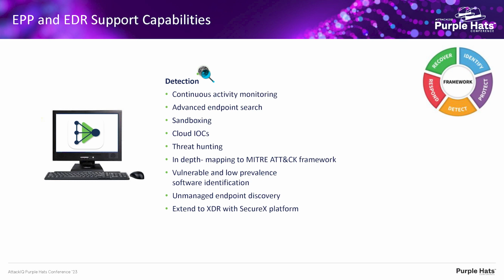We get things like sandboxing and detonating that payload within a sandbox environment and looking at all the behaviors. We get into cloud-based IOCs. And then threat hunting, right? And that's what we're going to do a little bit here as we expand based on the initial incident that we see. And then obviously MITRE ATT&CK frameworks, critically important.